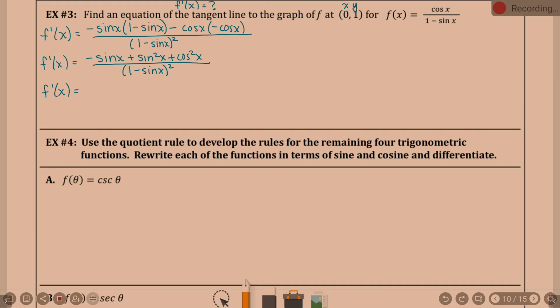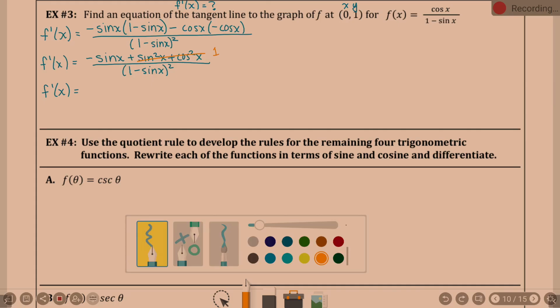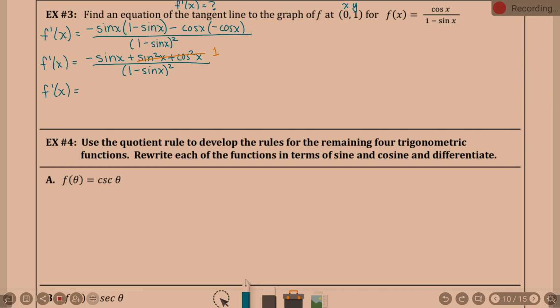What do we know? We have minus sine x plus 1. You've got a Pythagorean identity there. Sine squared plus cosine squared can go to 1. So 1 minus sine x is a good way to put it, because what's my denominator?